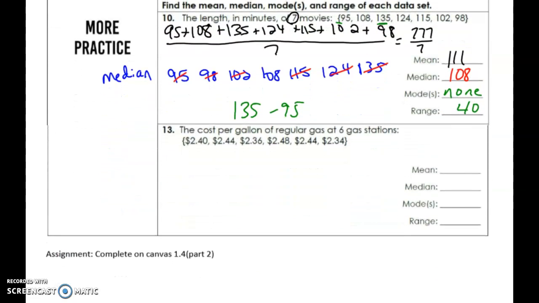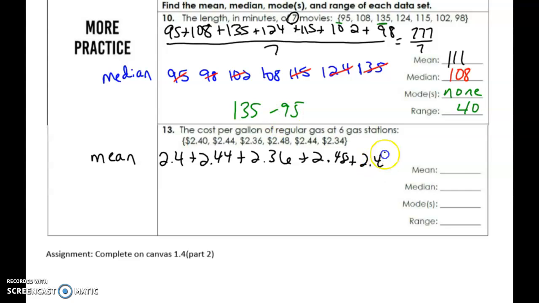All right, let's try one more of those. The cost per gallon of regular gas. So we have the mean. We're going to add them all up and divide it by how many data points there are.